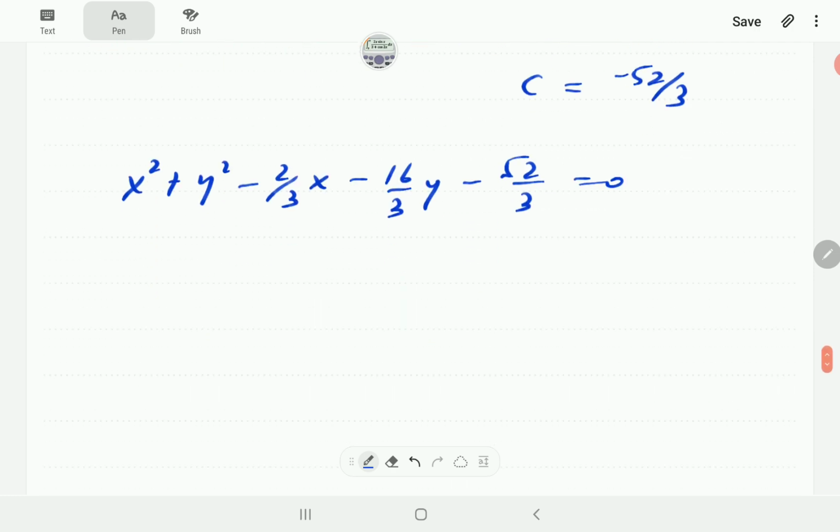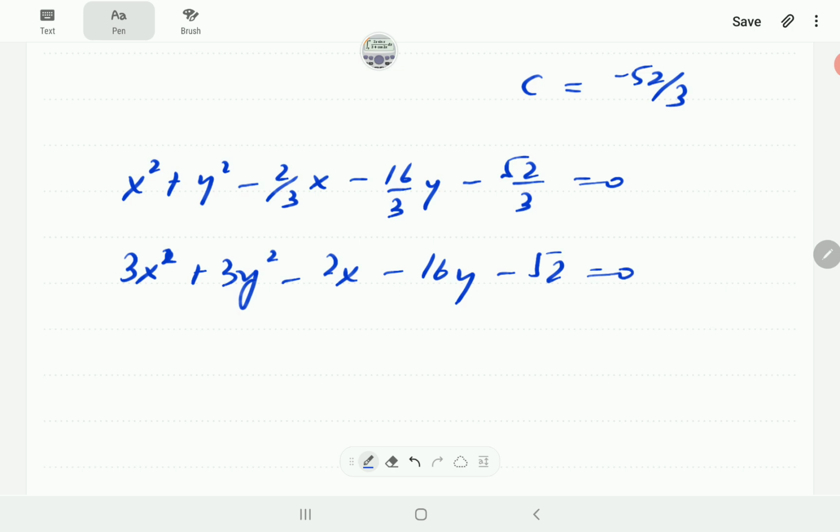We tidy up the fractions. It's going to be 3x squared plus 3y squared minus 2x minus 16y minus 52 is equal to 0.